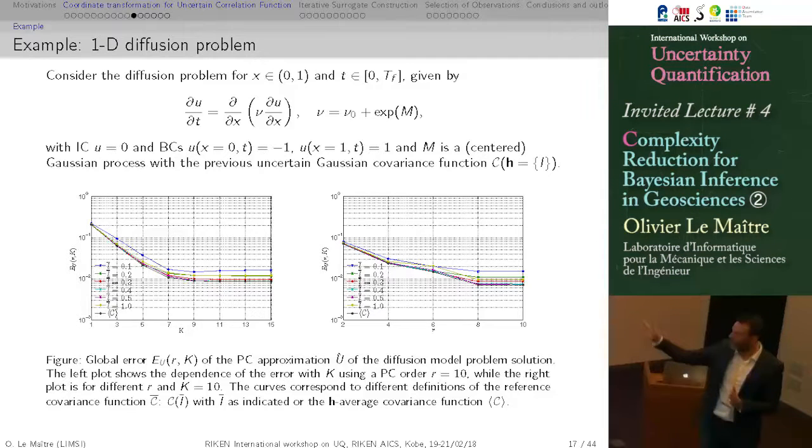So here's just convergence of the surrogate approximation as a function of the dimension of the reduction space and as a function of the polynomial order. And of course, you want to balance all this error. You don't want to be very accurate. This is what we have here. Increasing further k is not paying because we are here at a fixed polynomial degree.